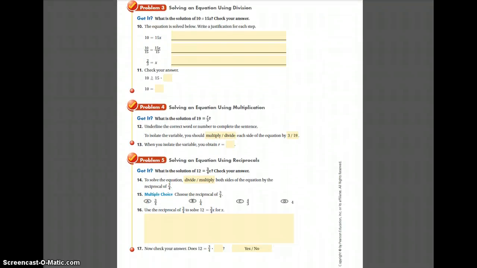Problem 3, solving an equation using division. 10 equals 15x is our problem. Write a justification for each step. We're starting with the original equation, so for that step you can just write original equation.